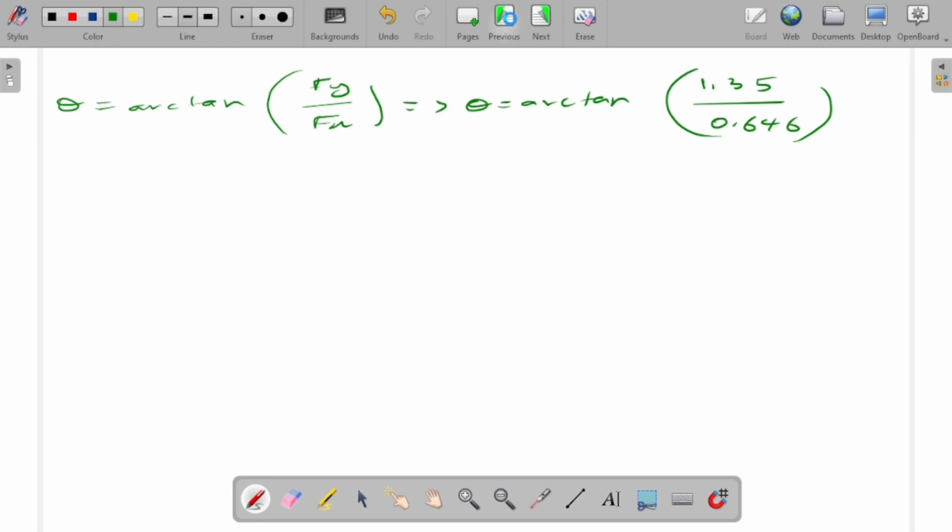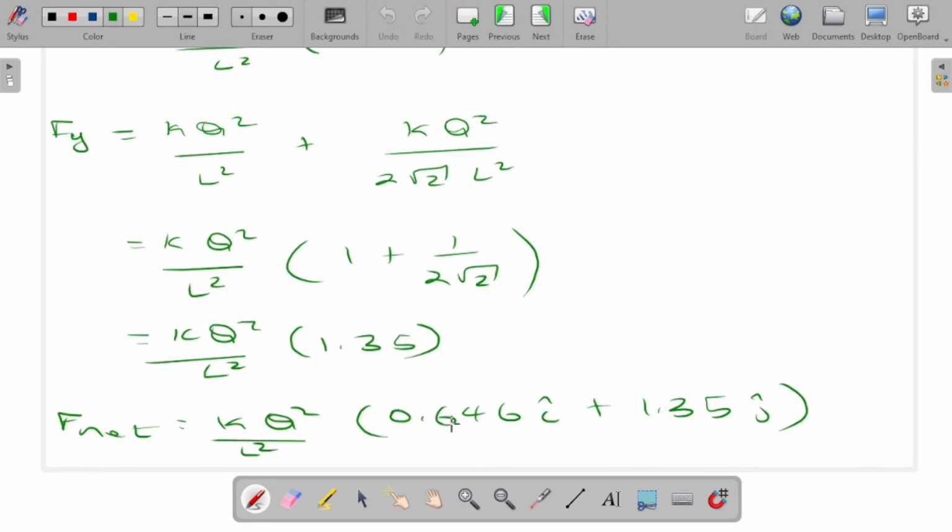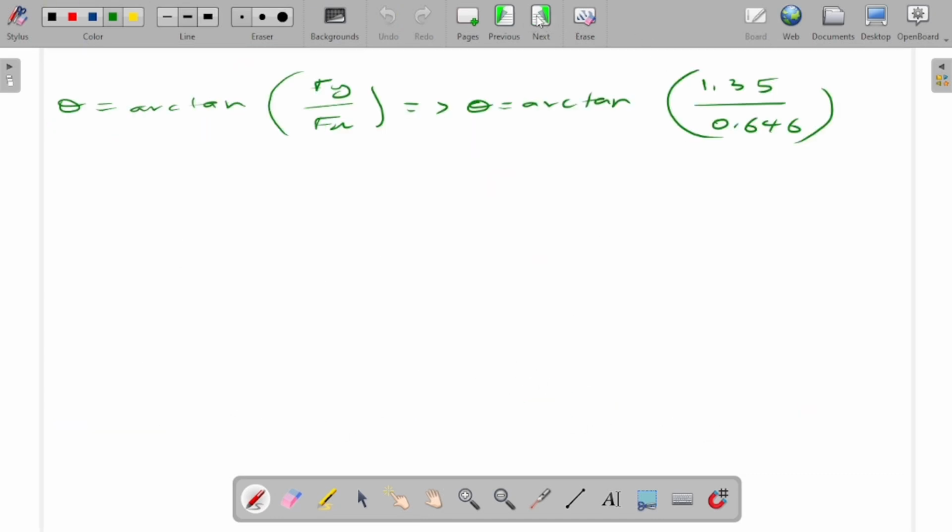These are the only things that matter right now to find the angle, the y over the x. Because these two are the same for the x and the y, they are just going to cancel. So theta is 64.43 degrees. 64.4 degrees.